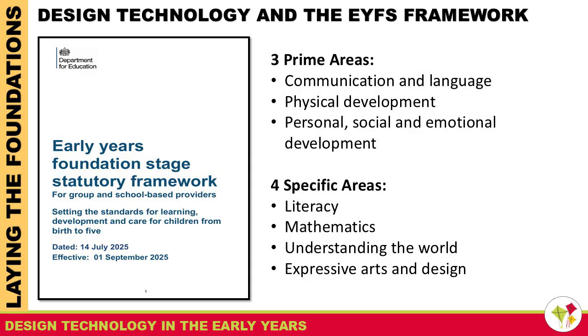Providers must also support children in 4 specific areas, which help strengthen and develop the 3 prime areas and ignite children's curiosity and enthusiasm. The specific areas are literacy, mathematics, understanding the world, and expressive arts and design. Children taking part in designing, making, and evaluating activities provide effective development opportunities across all 7 areas of learning.